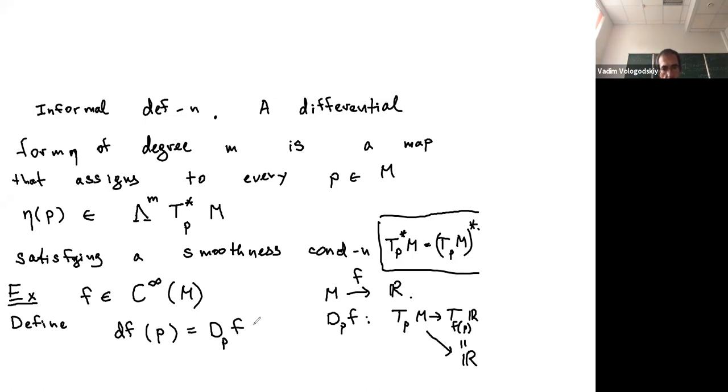That's a linear functional, so by definition it is an element of the cotangent space. So for every p, I define a vector. So this gives me a function. And so this will be an example of a smooth one form.